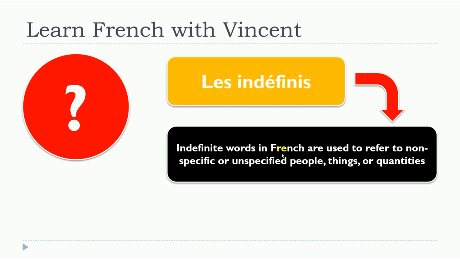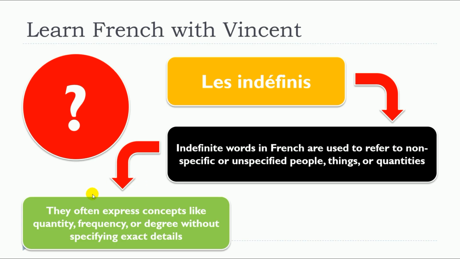Indefinite words in French are used to refer to non-specific or unspecified people, things, or quantities. So this is the first point. Second point that is extremely important. They often express concepts like quantity, frequency, or degree without specifying exact details.